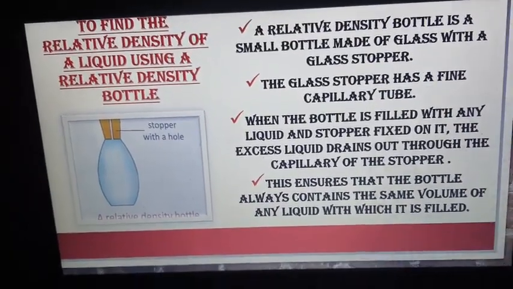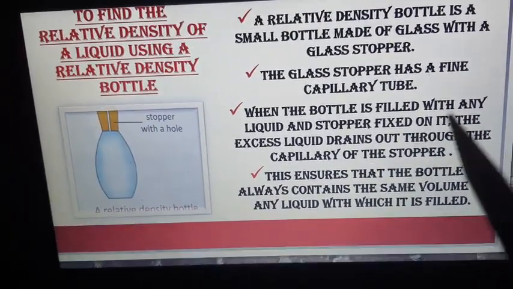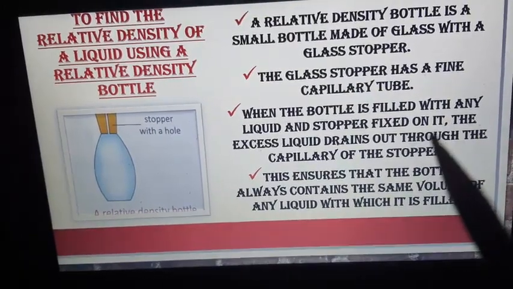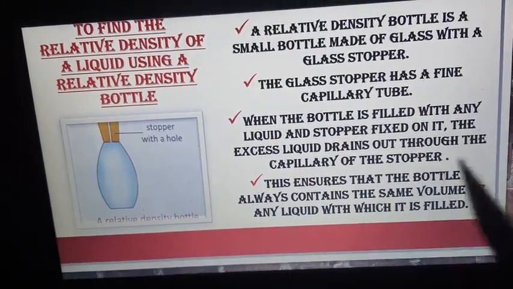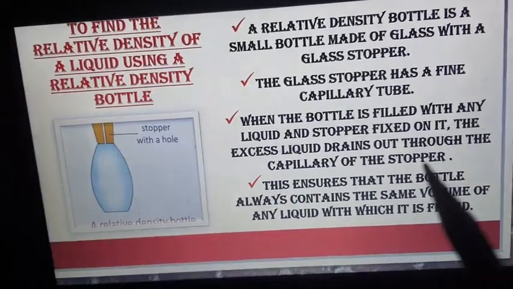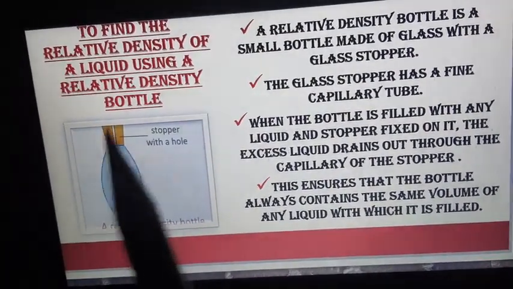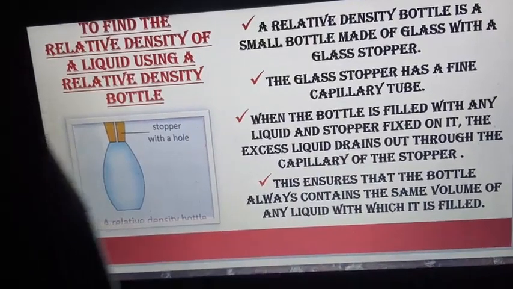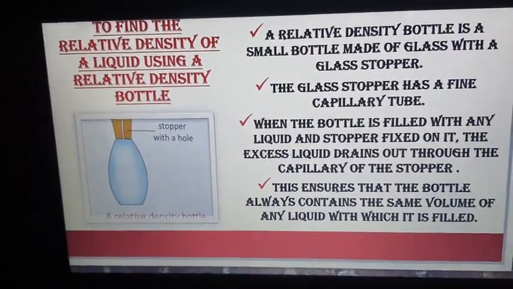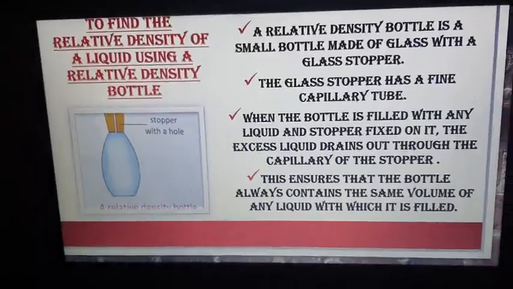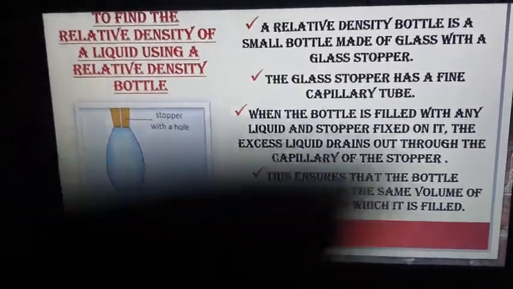Now when the bottle is filled with any liquid and the stopper is fixed on it, the excess liquid drains out through the capillary of the stopper. Clear? Any extra liquid is thrown up by this capillary and only that much liquid is put into the bottle which it can fit.